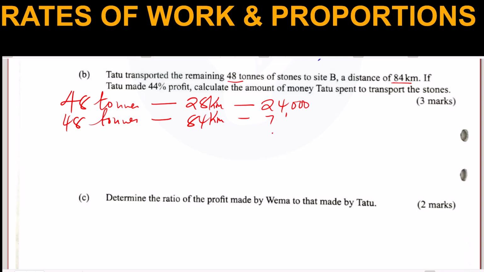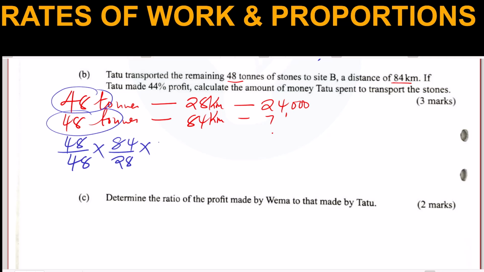For the tons, the ratio remains the same, 48 divided by 48, which is 1. For the distance, when it increases from 28 to 84, the amount paid increases in the ratio 84:28.